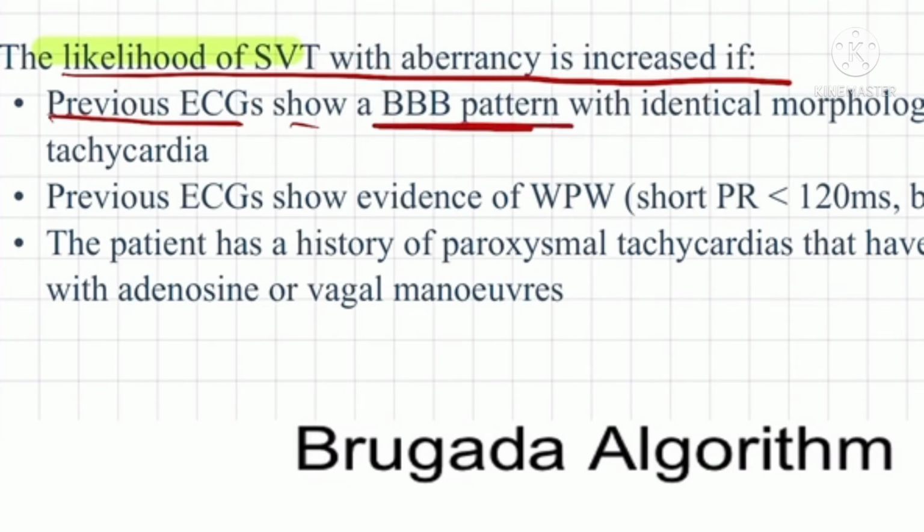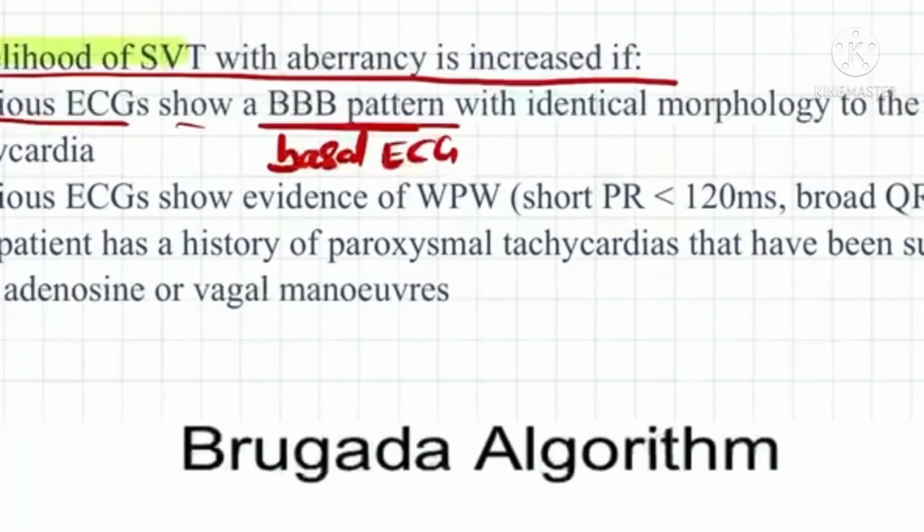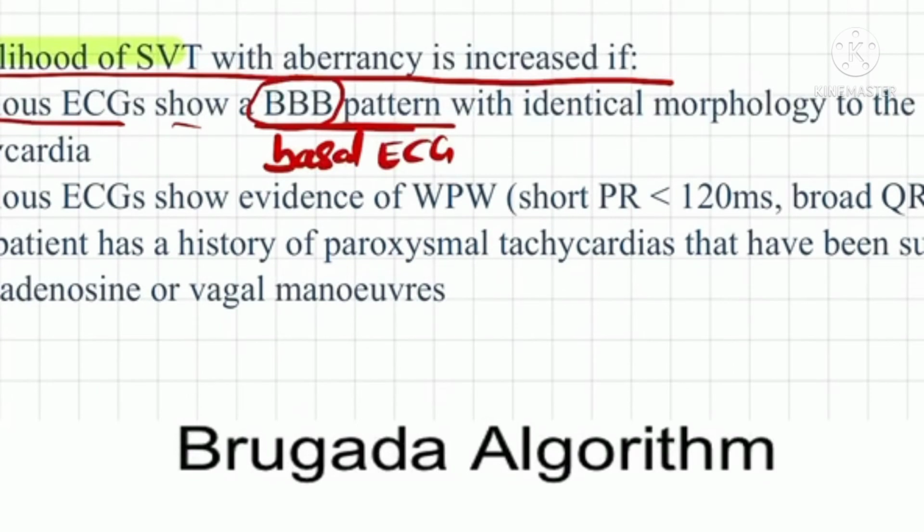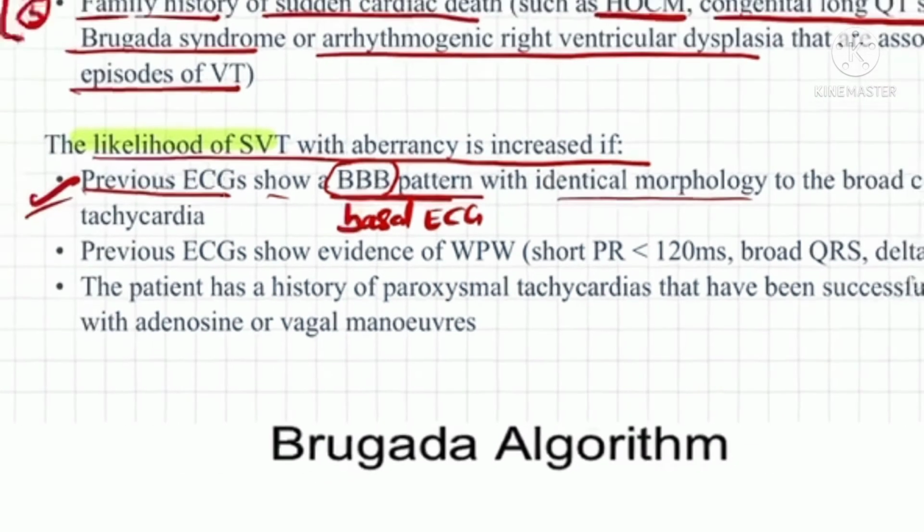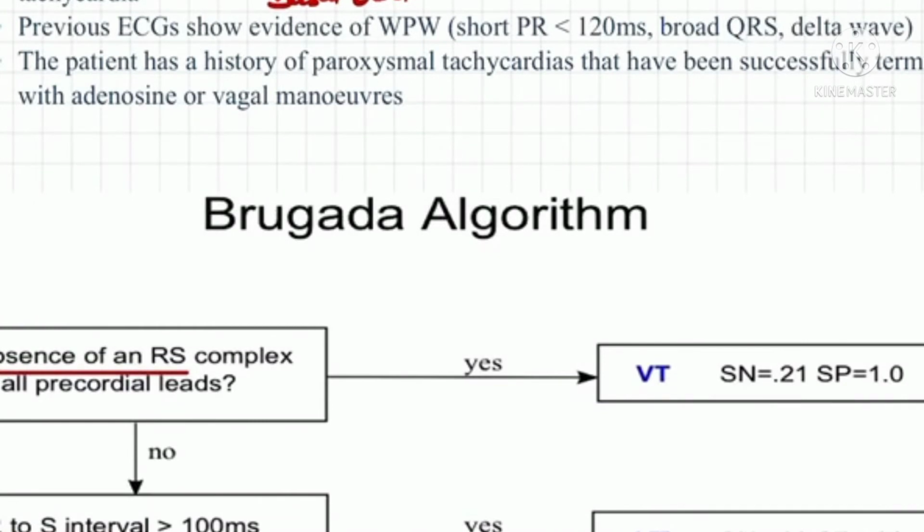If we suspect the patient is VT and the patient has any medical records, we always ask for the basal ECG to see any previous ECG. If there is any previous RBBB pattern or bundle branch block pattern to identify the morphology of the broad complex tachycardia, then we suggest SVT.